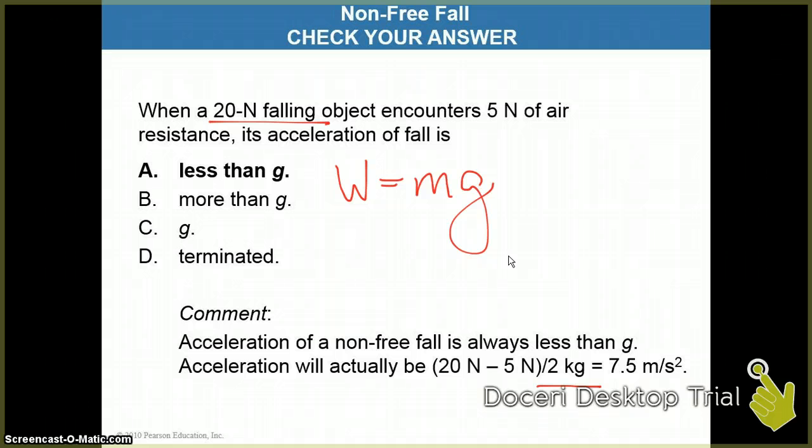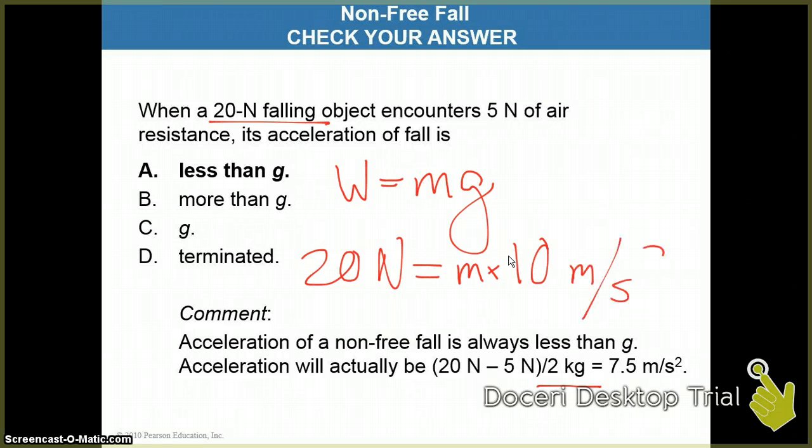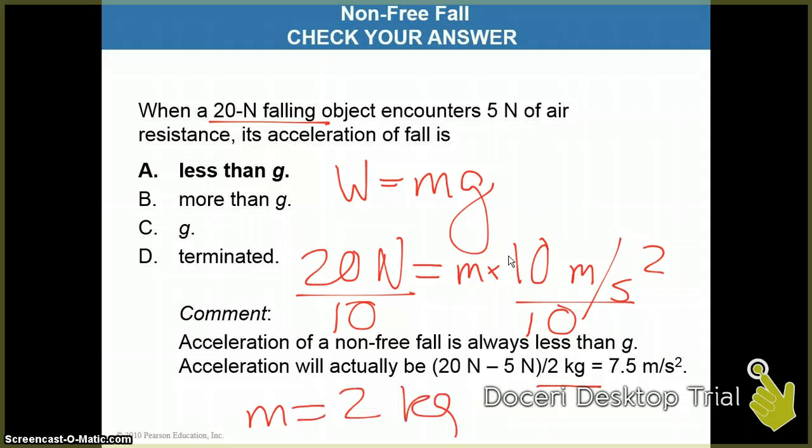And so, if the weight is 20 newtons, and we know that g is 10 meters per second squared, you divide both sides by 10, and you get m equals 2 kilograms. If you're still confused as to how I calculated the mass of the falling object, ask me in class and I'll explain it in further detail.